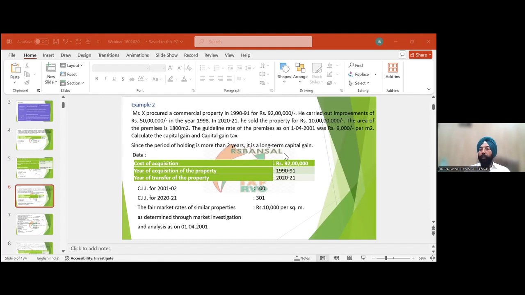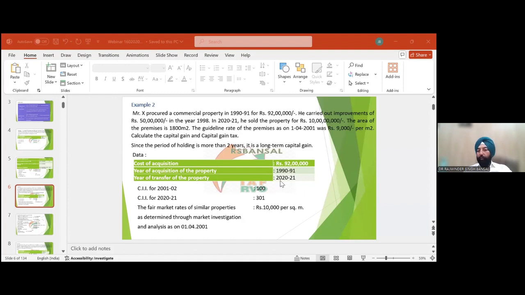You must remember there are two types of capital gain: one is long term and the other is short term. If the period is more than 2 years or 24 months, we will consider it as long-term capital gain. Now, what is given to you? Cost of acquisition is given as 92 lakh. Year of acquisition of the property is 1991.